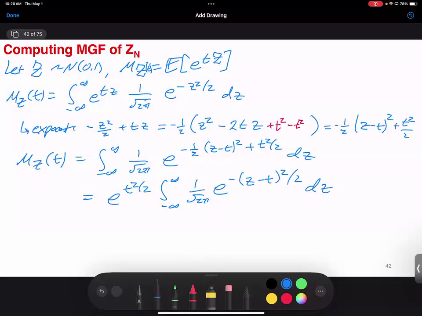You know what that integral is. What normal is this? This is a normal with mean t and standard deviation 1.